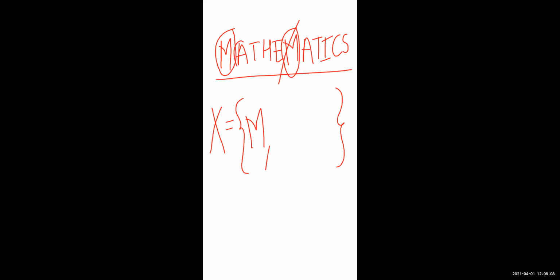Then the next letter is A. It is also 2 times, so we will take it once. Then T, also 2 times, so take it once. Then H, it is single, so take it once.